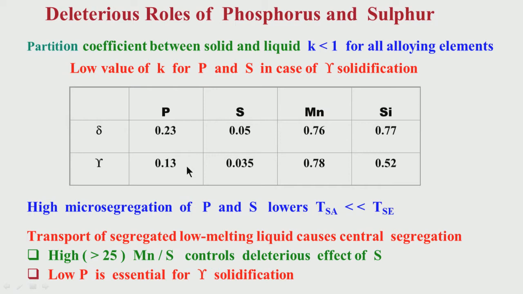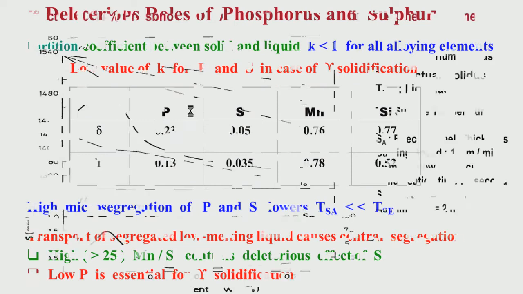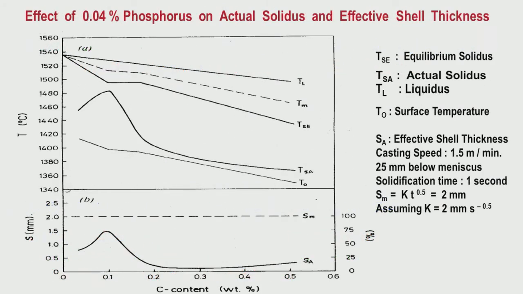So, we have to remember what is the role of phosphorus, why it is harmful, why it is deleterious in causing microsegregation. If there is microsegregation, I have calculated the different values, the actual solidus, to what extent it is coming down from the equilibrium solidus.